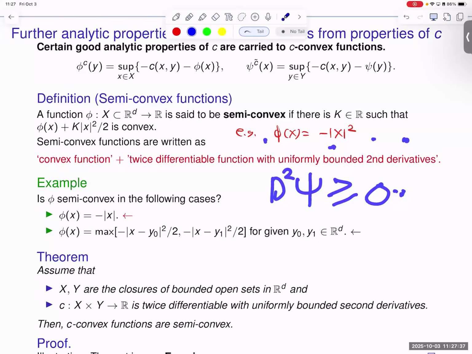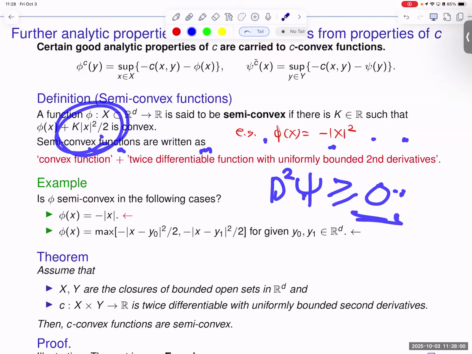As long as the second derivative is bounded, you can add this large parabola function to cancel out the negative second derivative, making the resulting sum have a non-negative second derivative. So that's how you may view semi-convex functions.